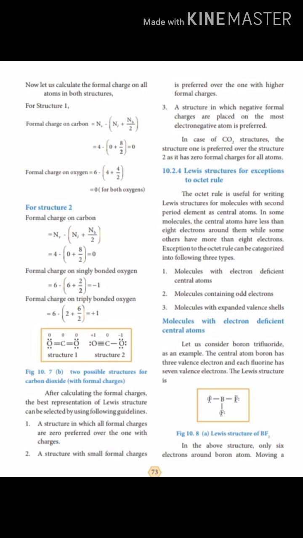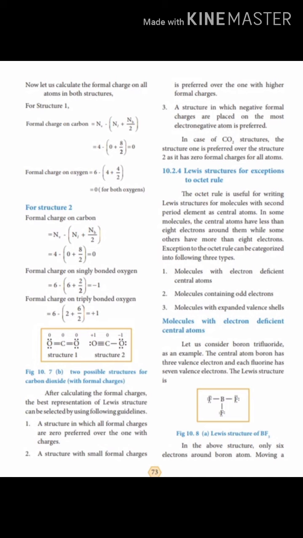Moving a lone pair from one of the fluorines to form an additional bond gives the second structure. However, this structure is unfavorable as the most electronegative atom, fluorine, shows a positive formal charge, and hence the structure with the incomplete octet is the favorable one.